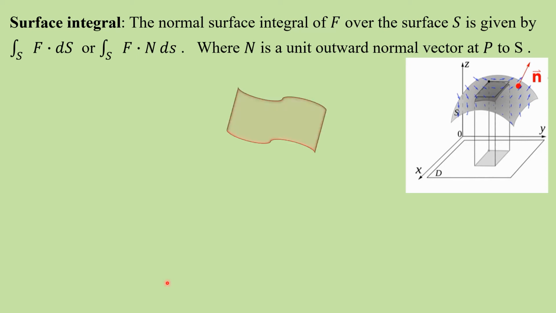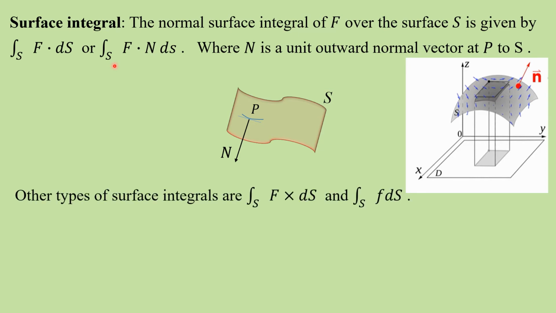Suppose this is the given surface, and at the point P the unit outward normal is n. Then I can evaluate the surface integral of f over S, which is the integral of f dot n over the surface S. The other types of surface integrals are the integral of f cross dS or the integral of f dS.